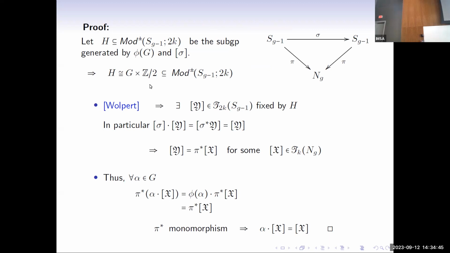So the image of G and the class of the involution generate a group in the extended mapping class group, and I'm calling it H here. It turns out that G and the class of the involution commute in this case. So H is nothing but G times C_2 in the extended mapping class group. And so now we use the Nielsen realization theorem for the extended mapping class group. And that's basically that.